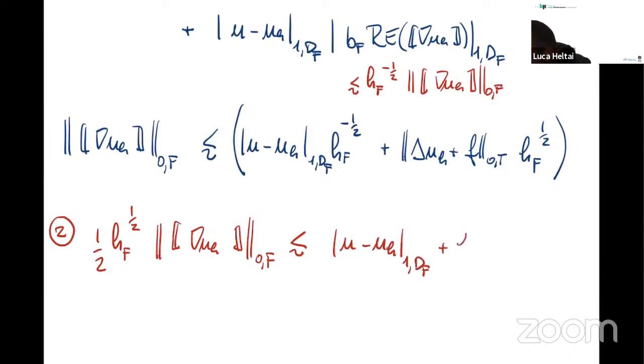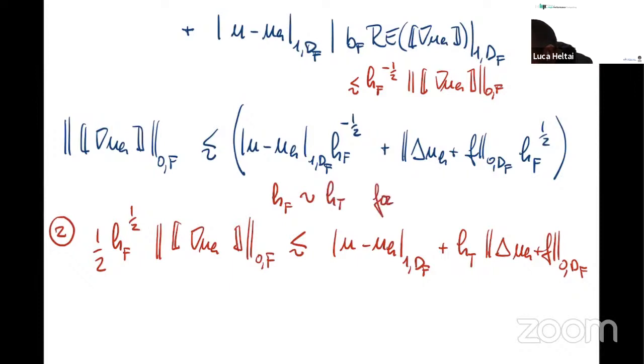And here I have ht times the Laplacian of uh plus f, 0, and this is not t, but it's omega f. And here, this is owing to the fact that hf is equal to ht for shape regular triangulations.